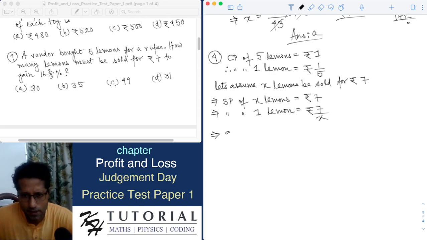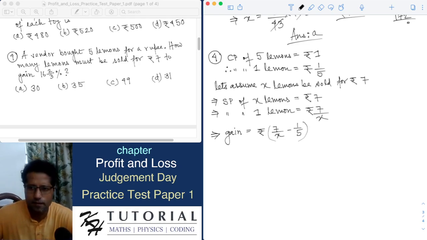This implies that gain equals selling price minus cost price, that is rupees 7 by X minus 1 by 5. This is the gain, because the selling price of 1 lemon is rupees 7 by X and the cost price of 1 lemon is 1 by 5. So the gain is selling price minus cost price. Okay, and this is the gain.